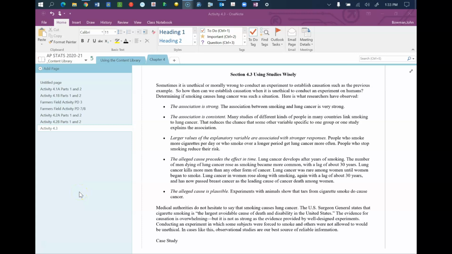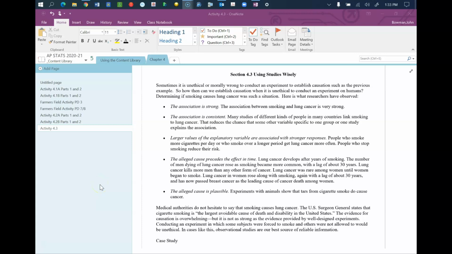They figure out that the association is strong, like the one between smoking and lung cancer. They determine that the association is consistent. They see this pattern many, many times with many groups of people. And in this case, they've actually seen it with animals as well.